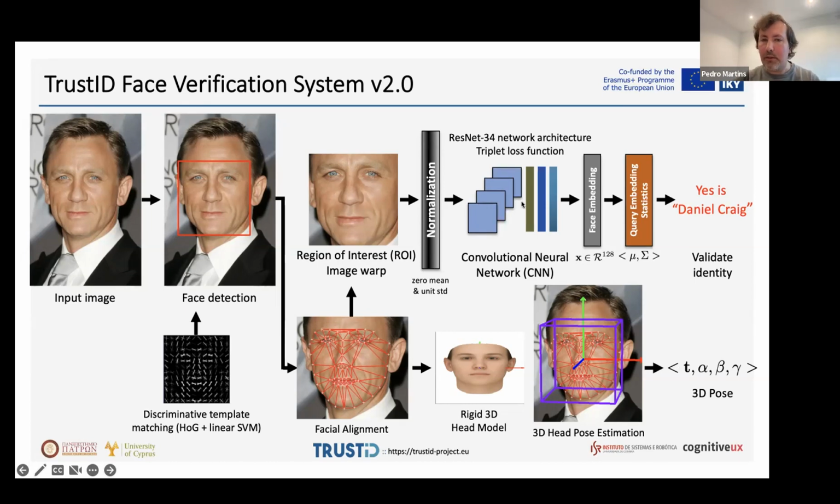And right now for the inference part, we have a more complicated network, which is a ResNet 34. I didn't mention before, but the ResNet was selected because of the computational issues, and it actually works quite well.